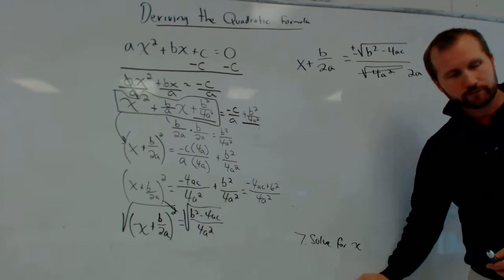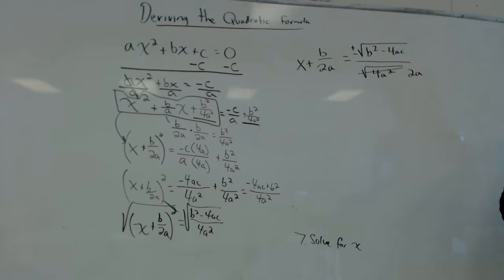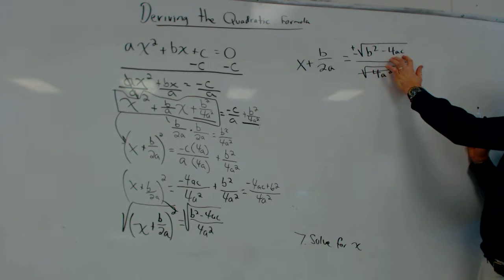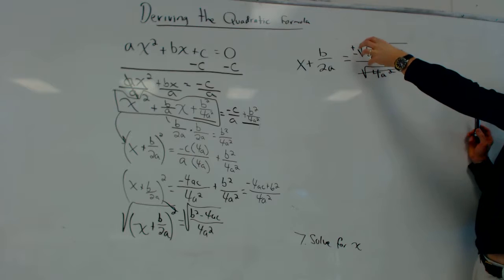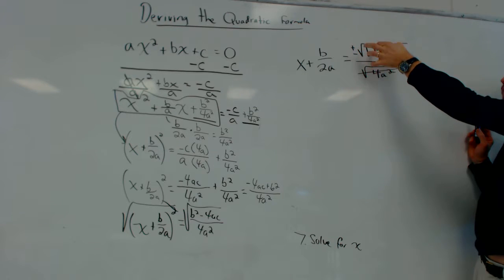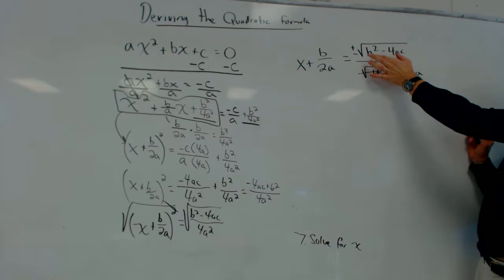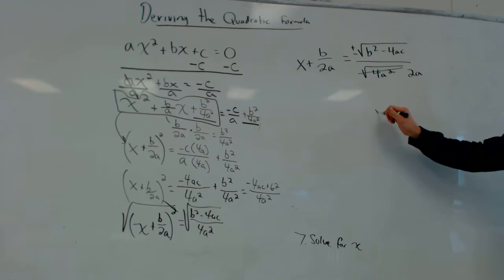Could you separate the 4 and the a and the c, like 4 times a times c? Well, no, because that's within this, right? So I can't take the square root of just one part of this because they're being added together. Think about that same thing again.